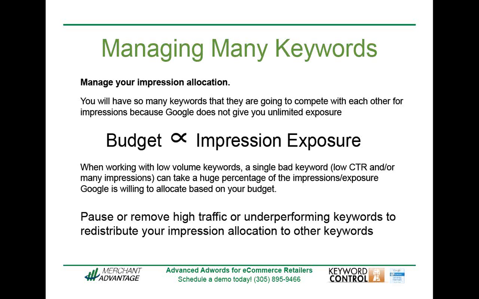If you're working with single-digit impressions for almost all of your keywords, and you have one keyword that gets 1,000 impressions a day, that's probably not a keyword that should be sharing the budget of a campaign that's dedicated to this type of product-specific keyword approach. This very targeted, high conversion, high click-through rate way of marketing. I encourage you to either pause that keyword or put it in a different campaign.